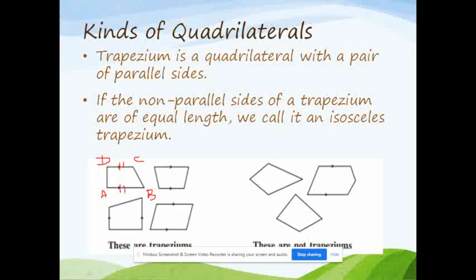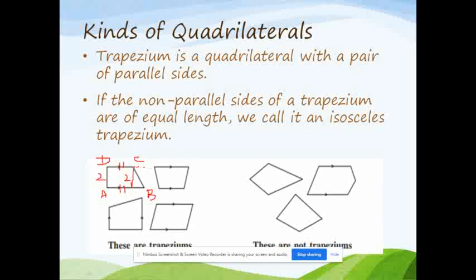Suppose the length of this one is 2 centimeter. At any point, if the side is extended, this is also the same. Which means the distance between the sides AB and DC is the same at any point.